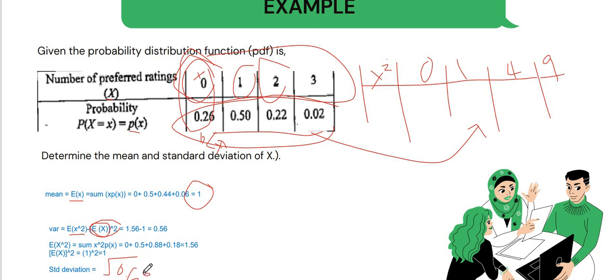Square root of 0.56. So you should get 0.7483. I'm sorry, class. Okay, so this is the answer. Right? So it's simple, is it? Ya, senang je, tak susah.